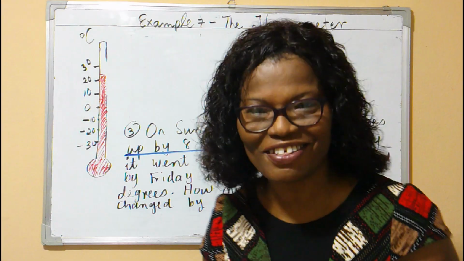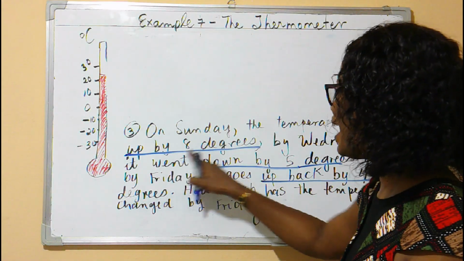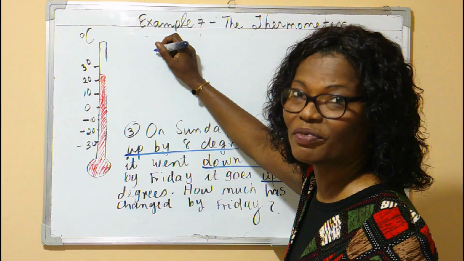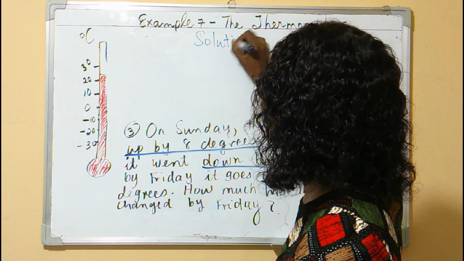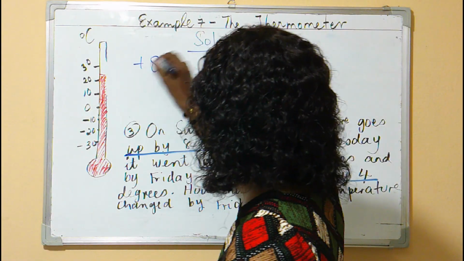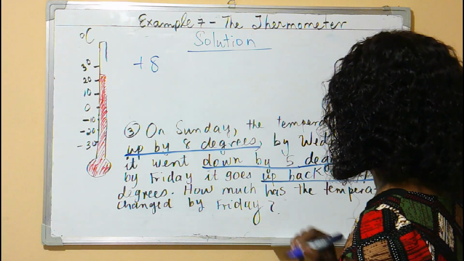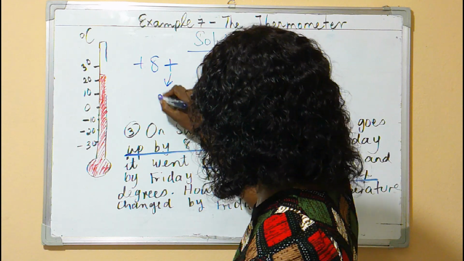How much has the temperature changed by Friday? Let's do it together. So up by 8 degrees is a positive or a negative? By now you should know. I shouldn't even be asking you. Up by 8 is a positive 8. And remember that the plus sign means what?